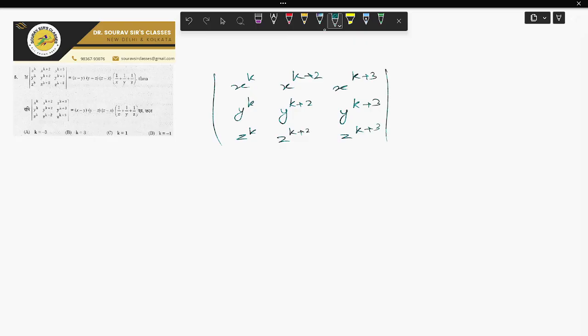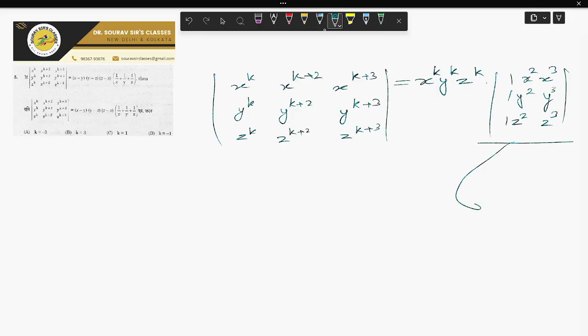This is equal to x to the power k, y to the power k, z to the power k into the determinant of 1, x square, x cube; 1, y square, y cube; 1, z square, z cube. After that, we are going to evaluate this simplified determinant. That means we are now computing this determinant.